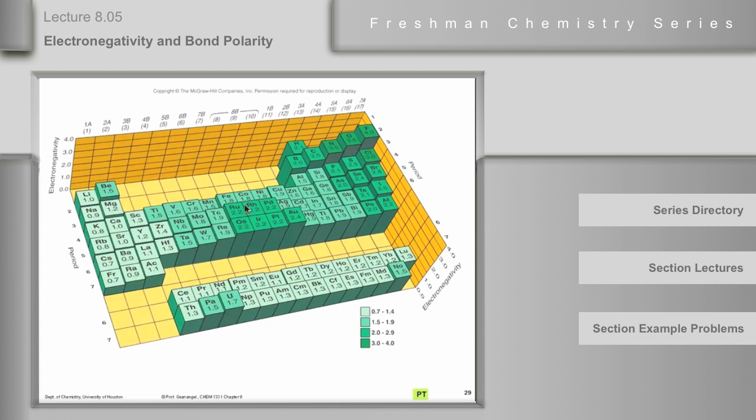This is the periodic table in electronegativity, at least most of it, where the values are known. And I just show it to you to show you that the transition elements and the intertransition elements have electronegativities that don't change very much, and it will be our practice to ignore these elements when we're talking about electronegativity, just because the differences are so small.